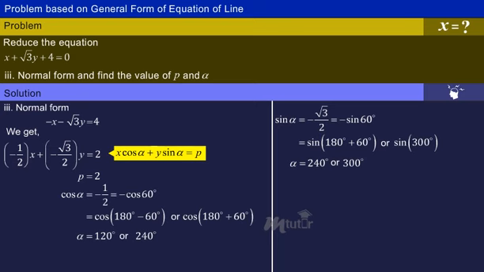In both cos and sine terms, we get the degree 240 commonly. Hence, alpha is 240 degrees. Hence, the required normal form is x cos 240 degrees plus y sin 240 degrees is equal to 2.